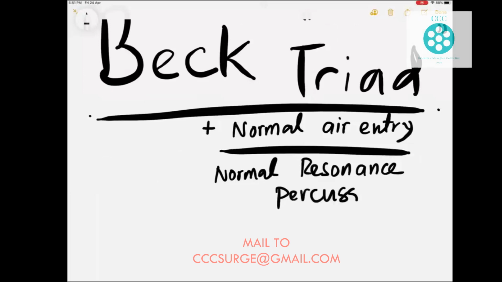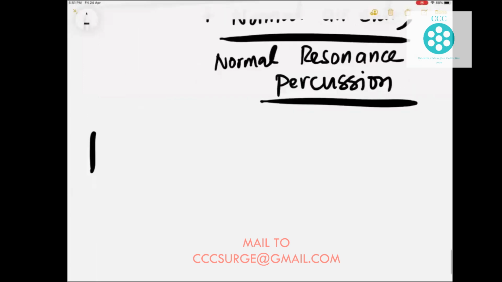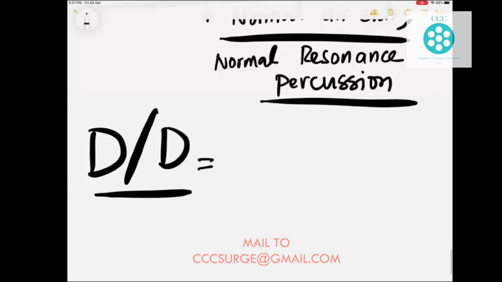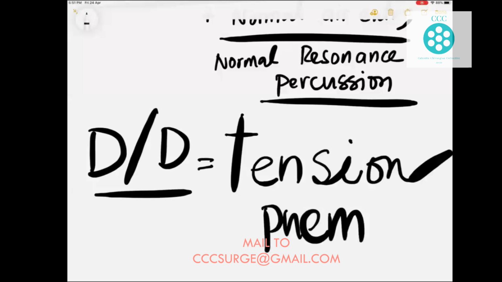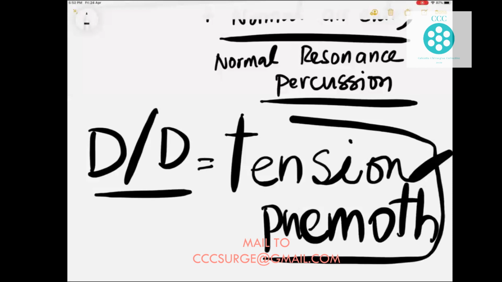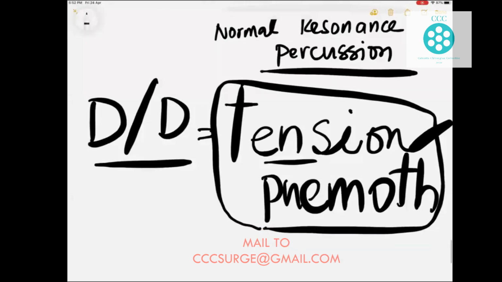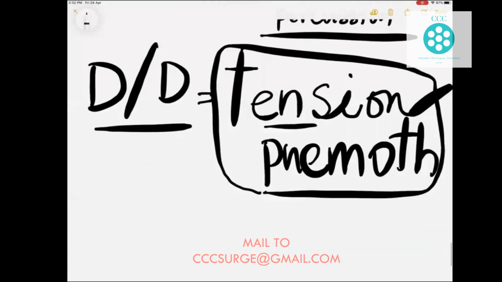The most important differential diagnosis, remember, is something called tension pneumothorax. One day we'll have a class on blunt trauma thorax. But remember, tension pneumothorax comes as a differential diagnosis.